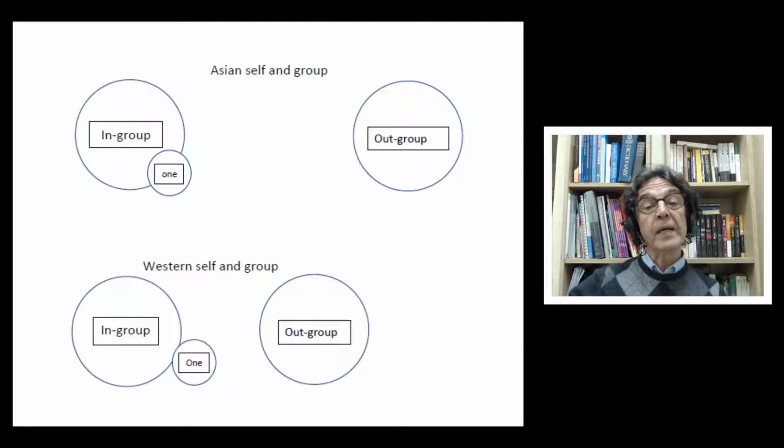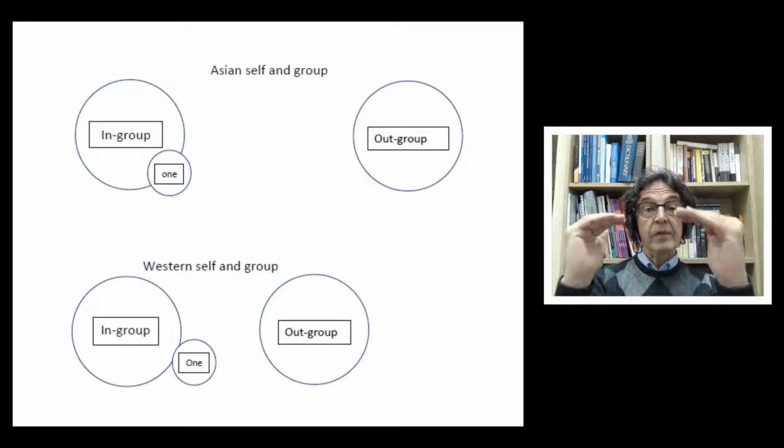The out-group is a group of people that you don't feel you have a relationship with. They could be people that you regard as distant or different. So they could be people from another city, another culture, another country, another religion, any one of those things.